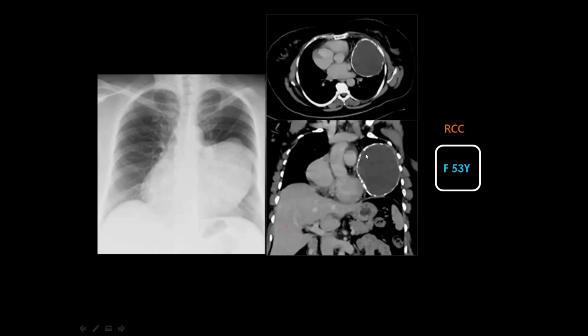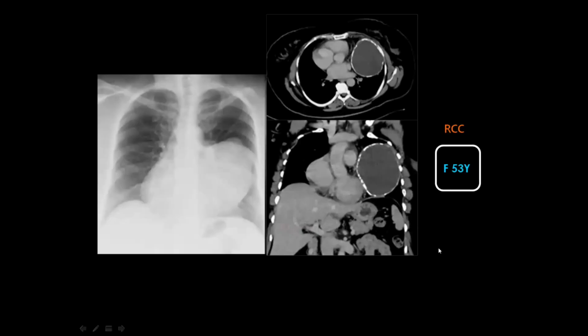And you got a lesion, and this lesion is cystic with marginal calcification. Then you say, can this lesion be a metastatic deposit? What do you say? No, this lesion cannot represent a metastatic deposit.